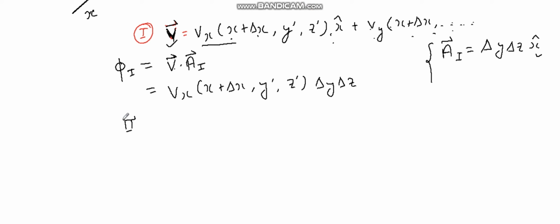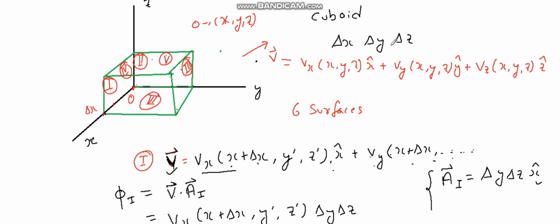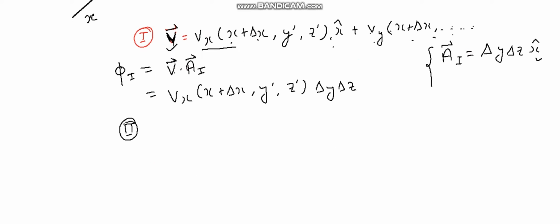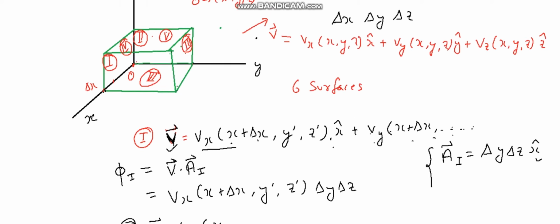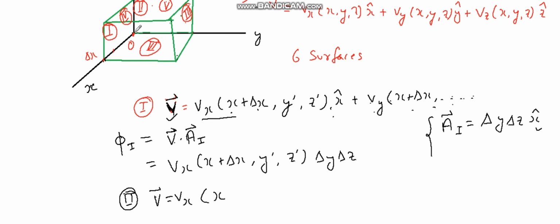Similarly, for the second surface, it is just opposite to that. For the second surface, it is going to be vx, and in that case we don't have x plus delta x, so this point is only x. For y and z we use y prime z prime, and we have the x cap direction.